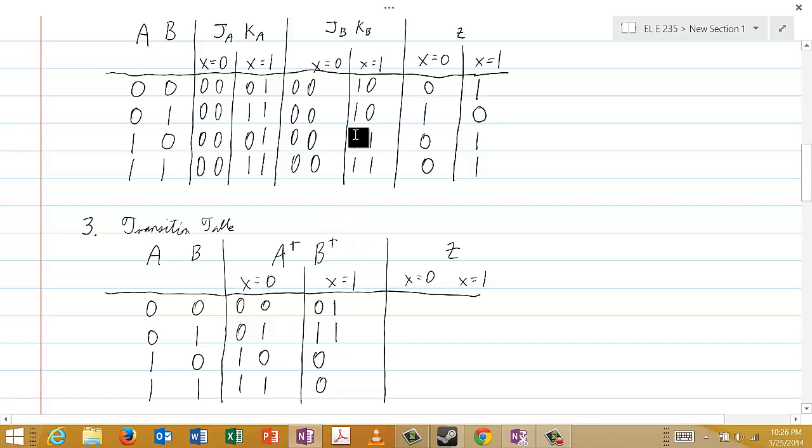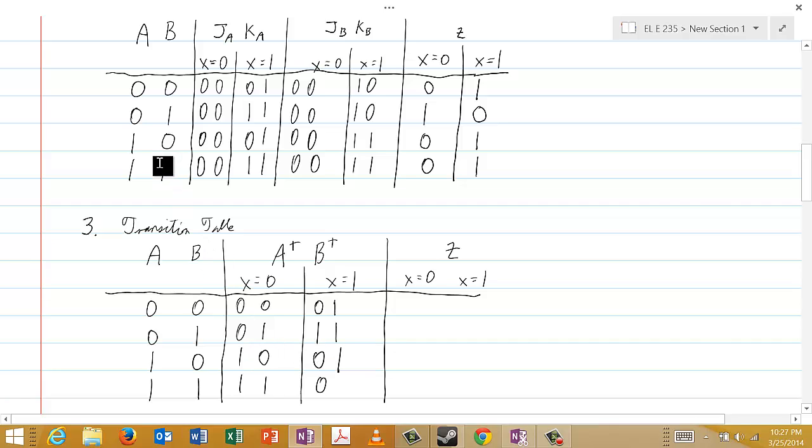Now, in the last two cases, J and K are 1, 1. So in both of these cases, we're going to want to toggle the output. Now, in the third line, B is equal to 0, and we have the toggle condition. So B equals 0, the next value of B will be 1, because it gets toggled. So we get 1 here.